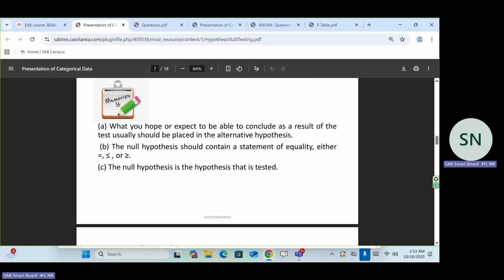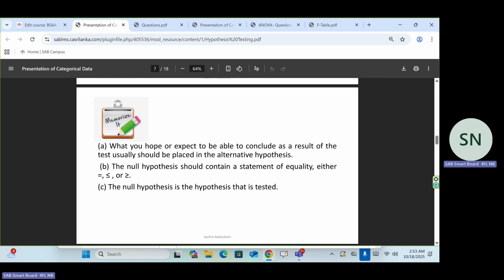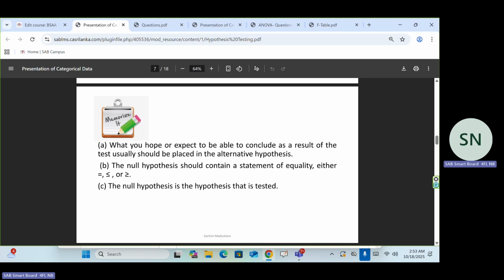Okay, then these are the main 3 points you need to memorize. First point is what you hope or expect to be able to conclude as the results of the test usually should be placed in the alternative hypothesis. Then what's the alternative hypothesis? Our claim about the population parameter.